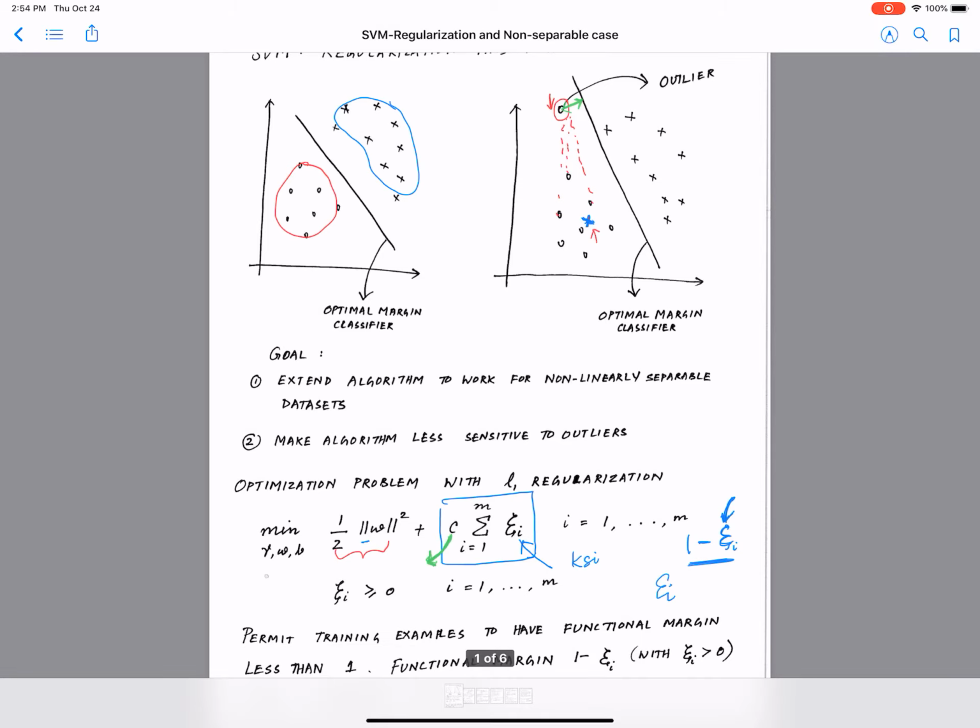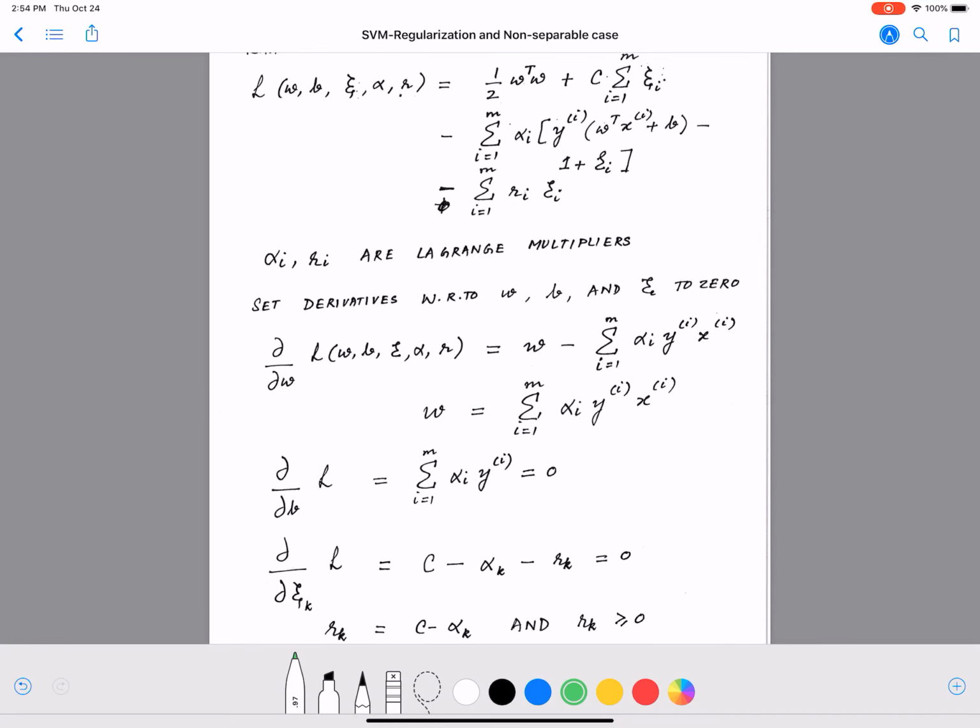All right, so now this version of SVM is called L1 SVM. And it's not to be confused with L1 regularization, though it's also a form of regularization. So it is just called L1 SVM, where we have this notion of a slack variable and some data points having a functional margin of less than 1.